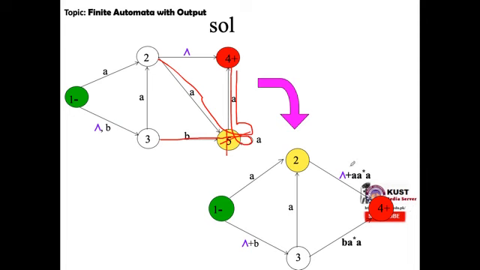For the one path, lambda is here, and for this path a star a, we have added this one here, and b a star a we added here. So try to revise the previous lecture and try to understand how we eliminate states. I just explained it. So we eliminated only one state.